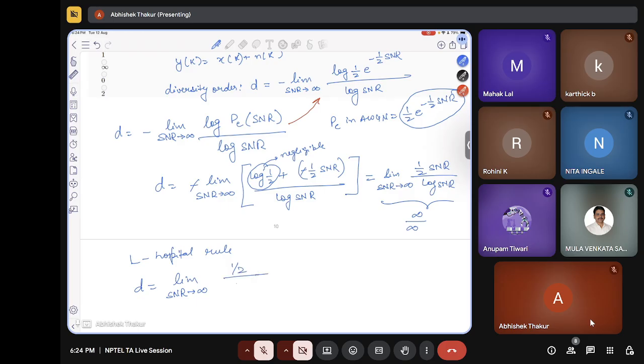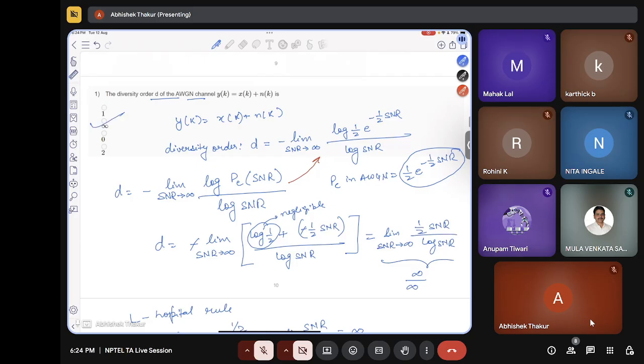So it will be half and 1 by SNR. So this will become SNR by 2, and limit SNR tends to infinite. So the diversity order will become infinite. So for this question, option B is the correct answer.